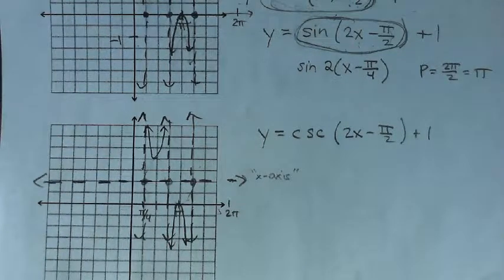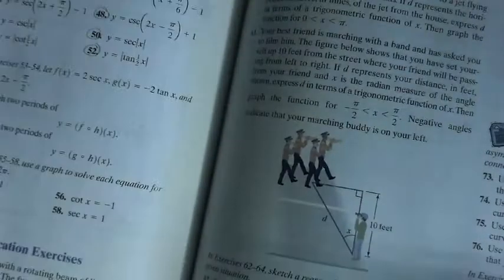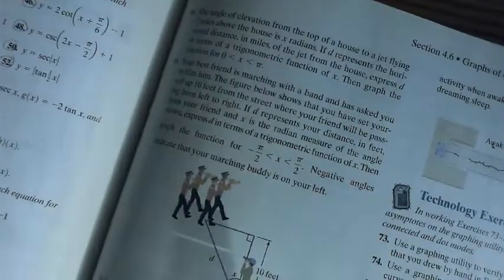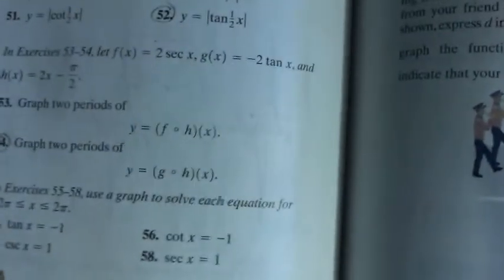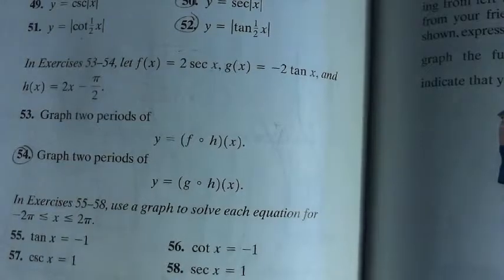So other questions on your homework. What else on your homework? What'd you say? Okay, 53. Okay, 53 was a composition. So when you do f of h of x, Connor, what equation did you write? 1 over cosine of... Before that.